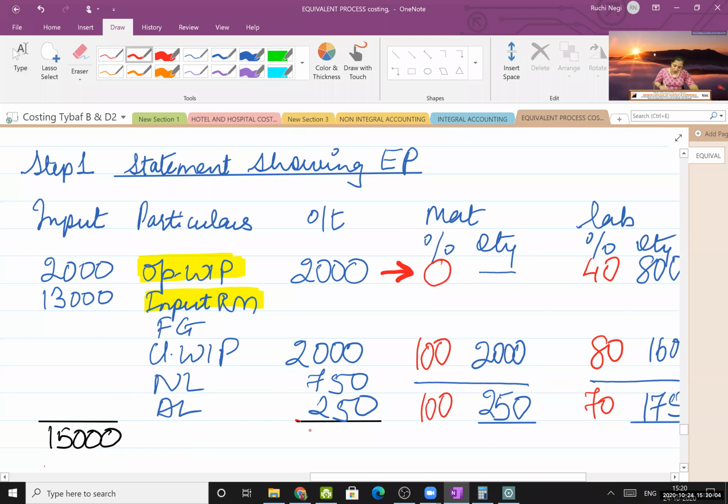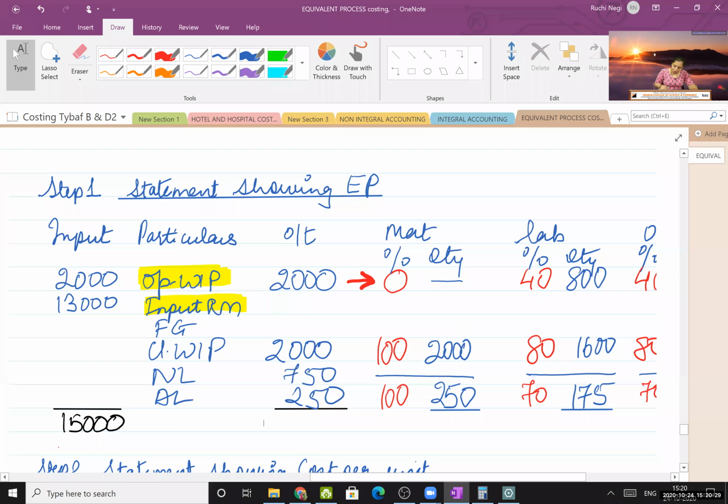So abnormal loss is how much? 250. How do you get this 250? Normal loss is given in the question. Unit scrap, 1000 units. And they have said normal process loss is 5% of the input. So my input is how much? 15,000. 15,000 ka 5% is 750. But the question is telling ki unit scrap is 1000. So the difference of 250 is nothing but your abnormal loss. Okay.